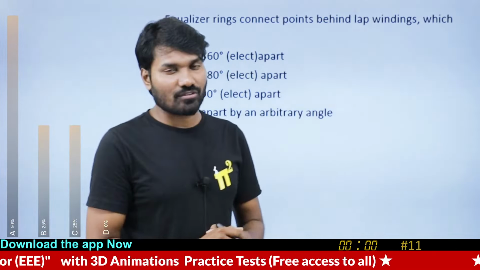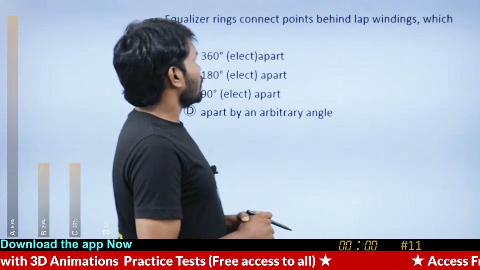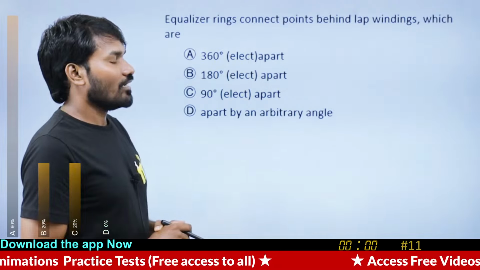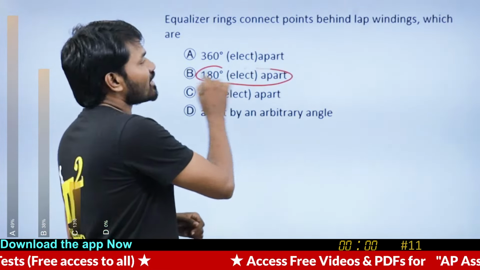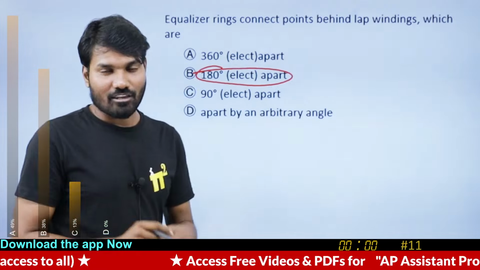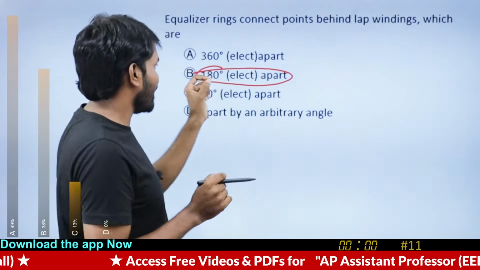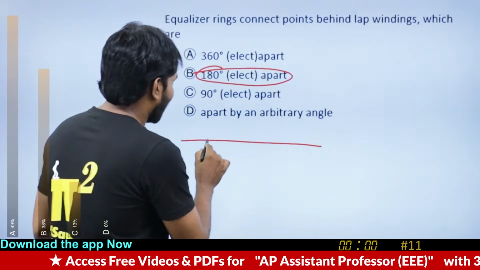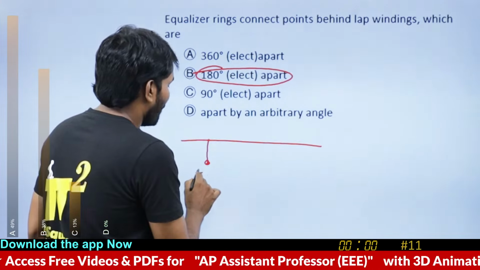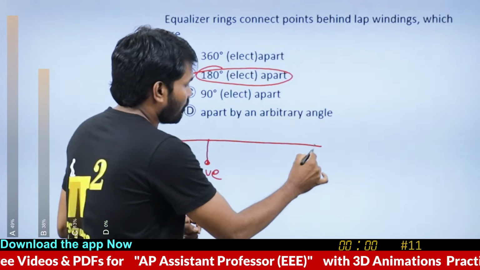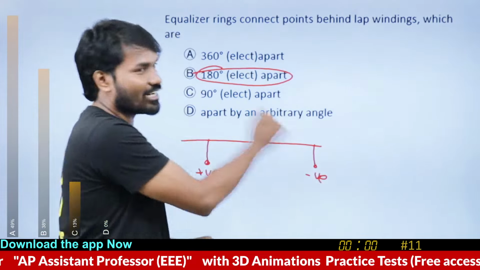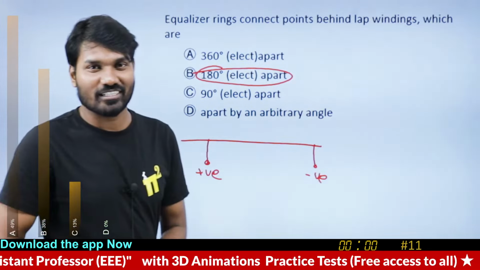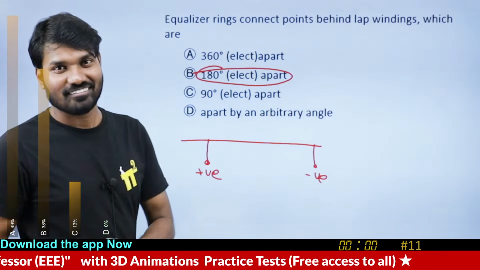Key point, remember this. Okay, so to do that, if you connect 180 degrees points, if you keep the connection between one point you're connecting when voltage is positive maximum, another point on the same ring when you're connecting at negative maximum, there will be huge current you're purposefully allowing, which is a bad thing.